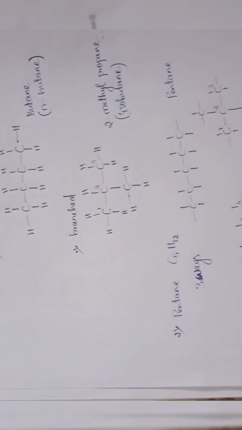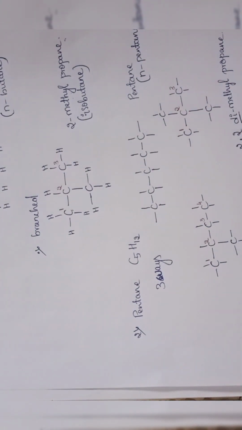Common names for these are: for butane it is n-butane. The common name should always be written in brackets. For the branched structure, the name is isobutane. For pentane, it is n-pentane.